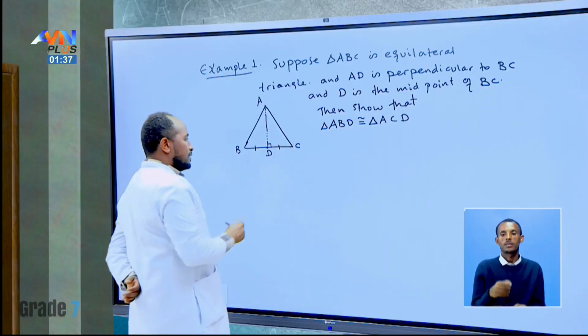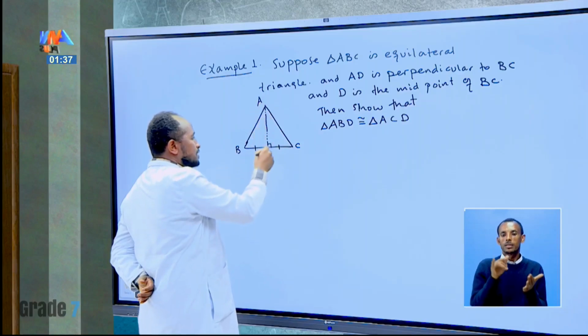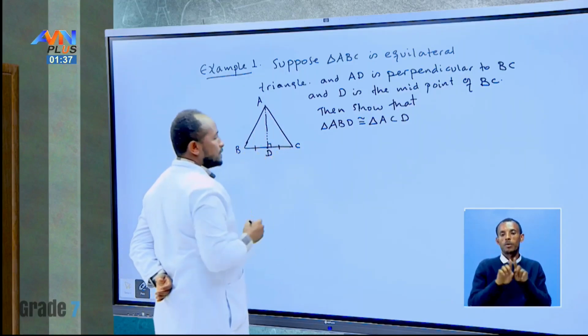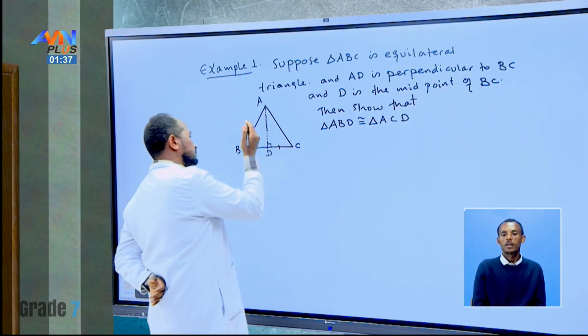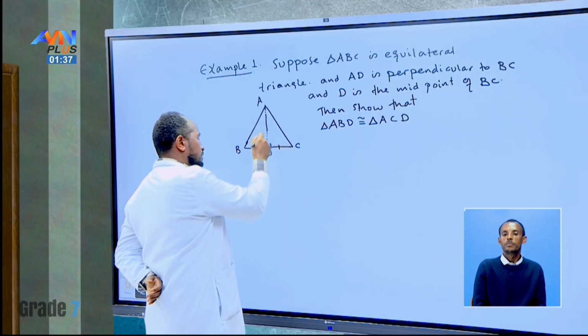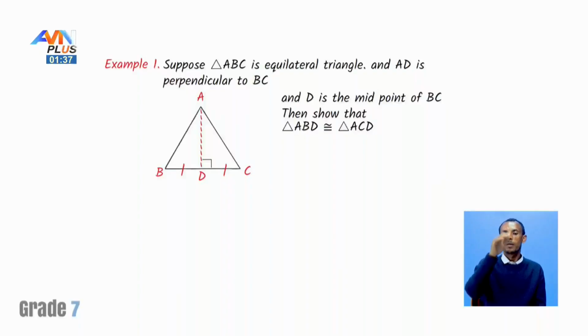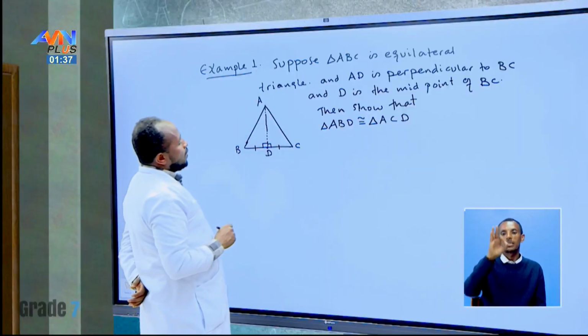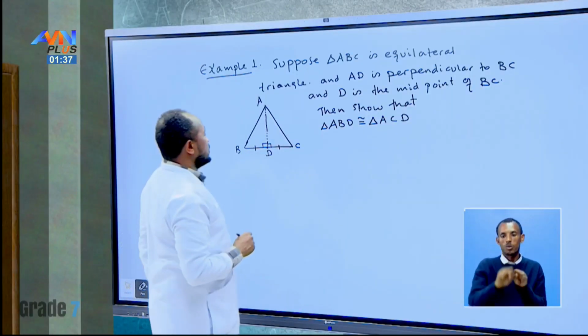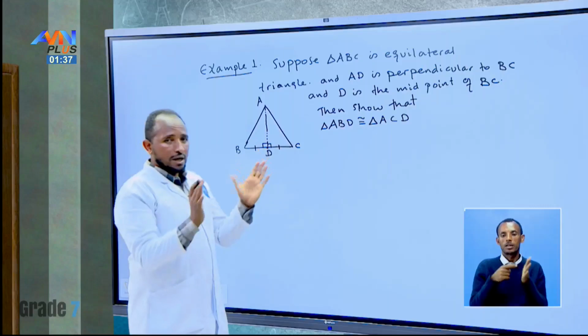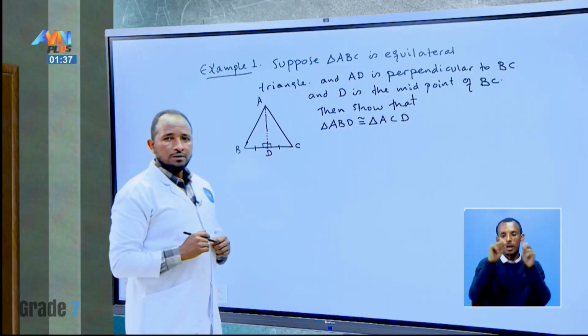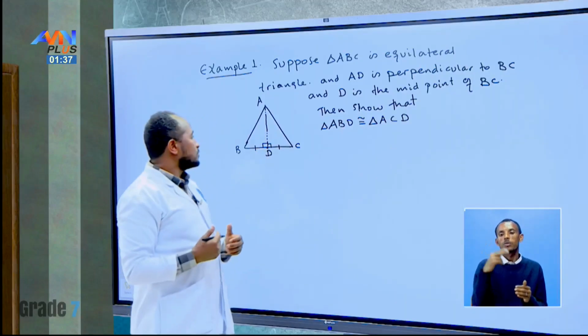And again, since AD is perpendicular to BC, this angle is also 90 degrees. This one and this one are also 90. So now we need to show these two triangles are congruent. Using a congruency test, we'll try to show it.